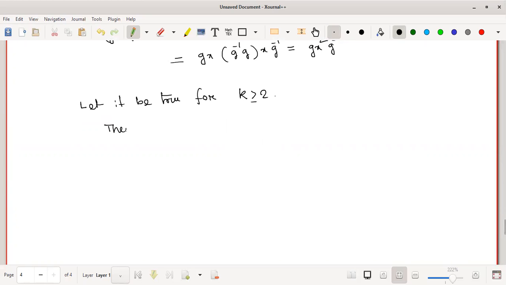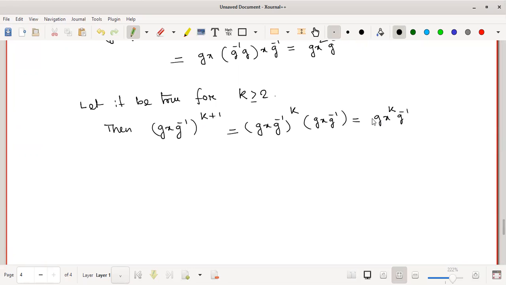Then (g x g inverse) to the power k plus 1 equals (g x g inverse) to the power k times g x g inverse, equal to g x to the power k g inverse into g x g inverse.